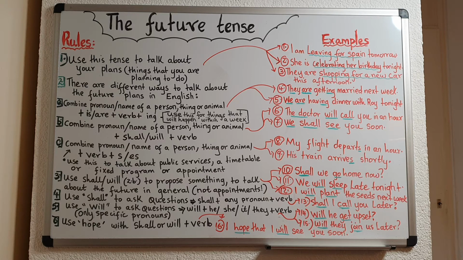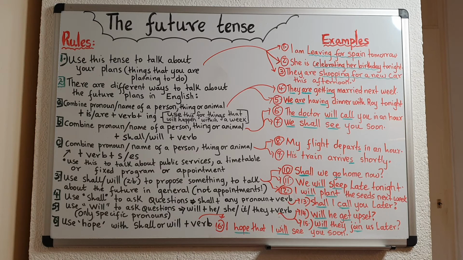The next example, 9. His train arrives shortly. So, his train there, okay, is the name of a thing. You can also say that that is a noun. His train, the name of a thing, plus the verb arrive plus S, arrives shortly.